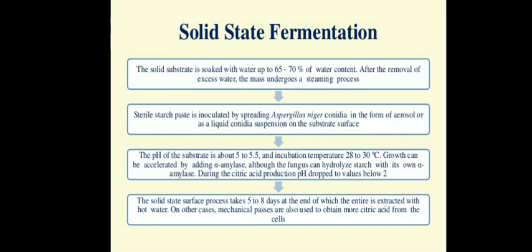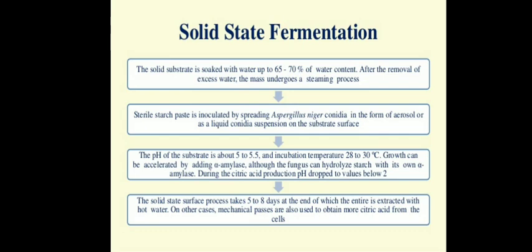When the medium is inoculated with Aspergillus niger conidia, during the incubation period at 28 degrees Celsius, the pH drops from 5 to 5.5 down to 2 when citric acid production starts.